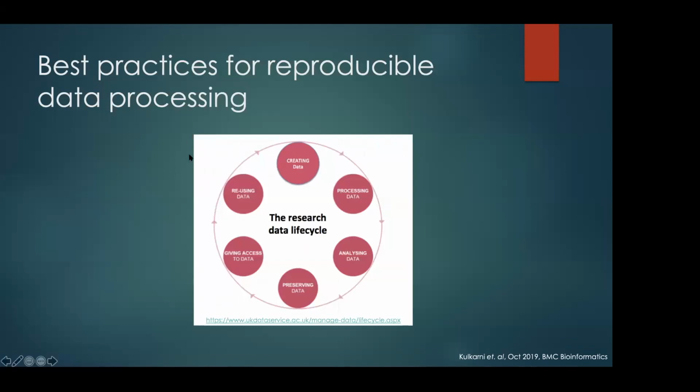Because you're going to realize, maybe you already did, that research data has a life cycle: creating and processing the data, analyzing it, preserving, sharing with other people, and reusing your own data. And with the newly generated data, most of the time you want to compare your new data with your old data to check that everything is correct. So this is a life cycle.